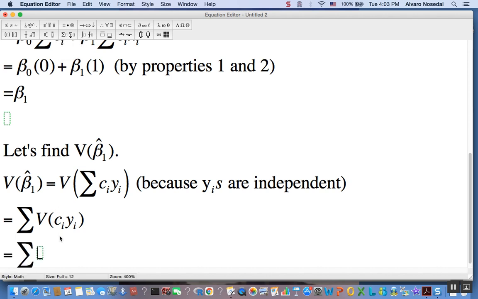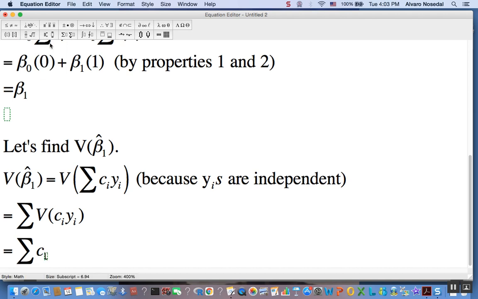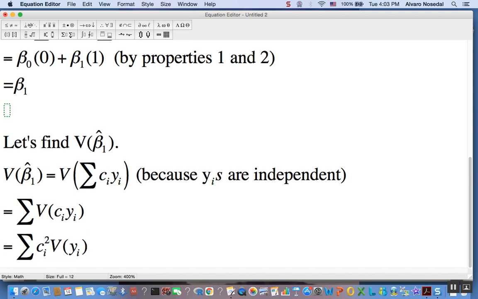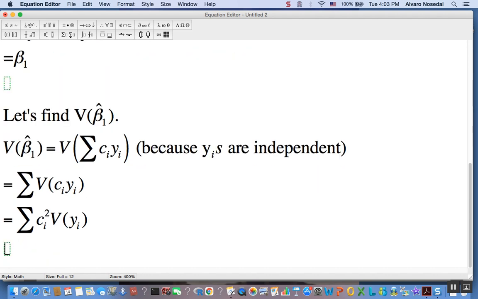So what we're going to have here is ci squared times variance of yi. Okay?